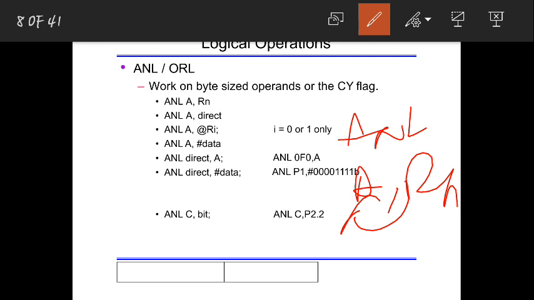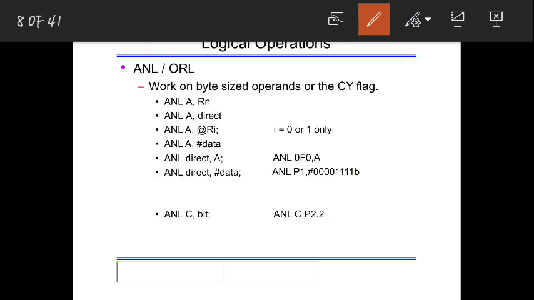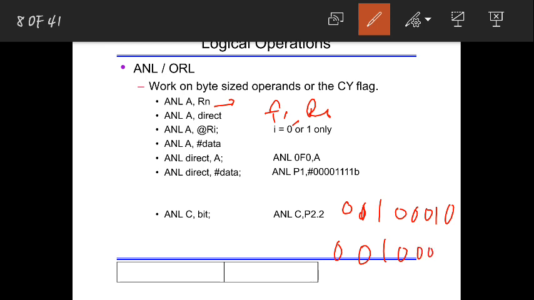So for the AND operation, in case for this instruction, A is equal to 0 0 1 0 0 0 1 0 and Rn. Consider R0 is having the value 0 0 1 0 0 0 1 0. We'll just do the AND operation now.